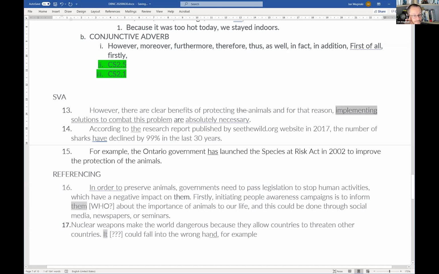You have to look at the first word in the noun phrase. It doesn't matter if the subsequent words are plural. Whether it's plural or singular is controlled by the beginning. So implementing solutions to combat this problem is absolutely necessary.